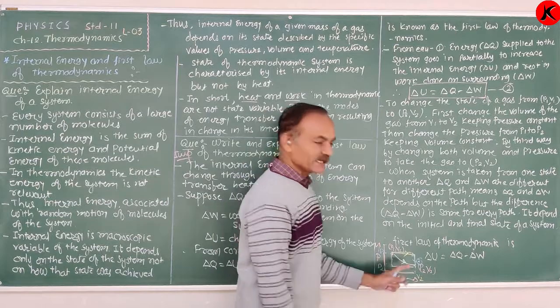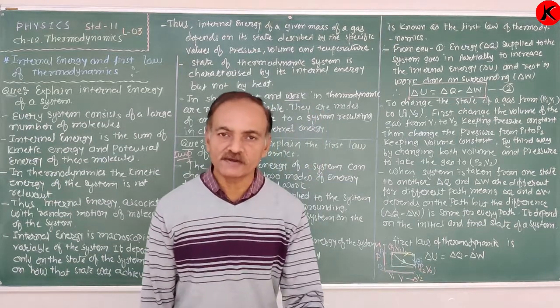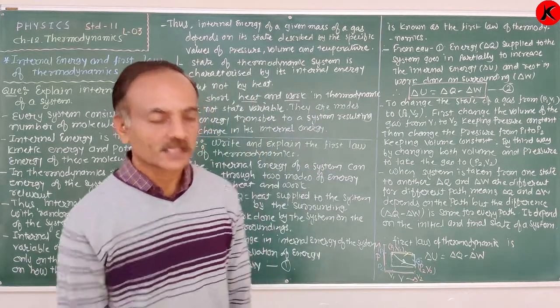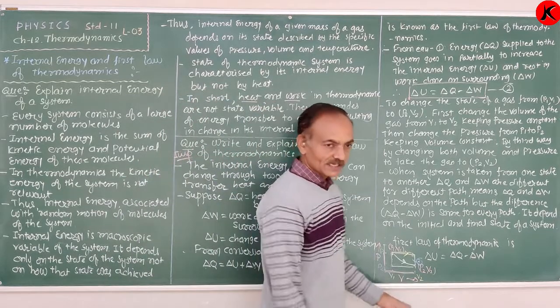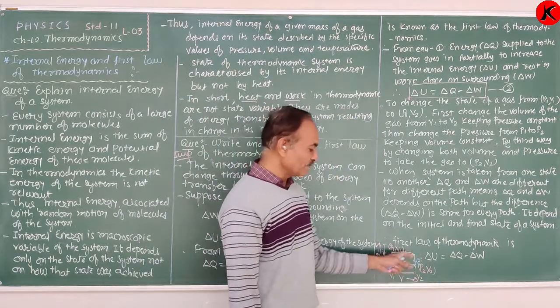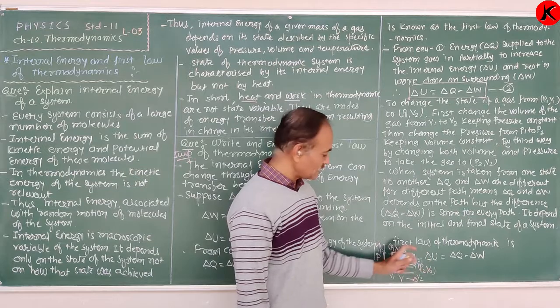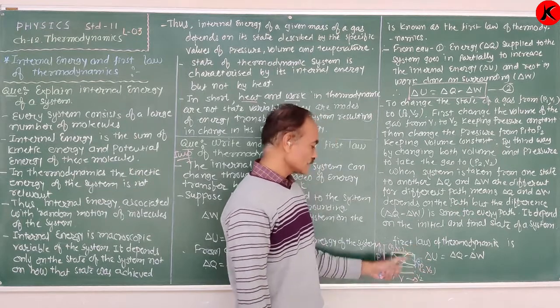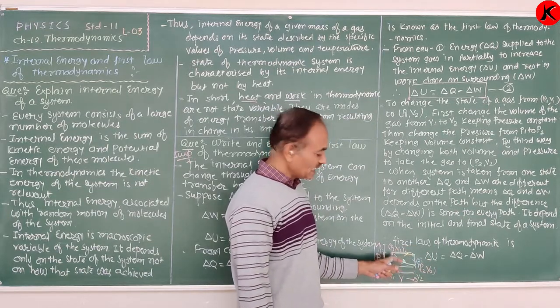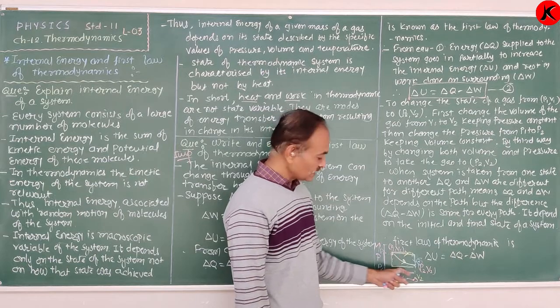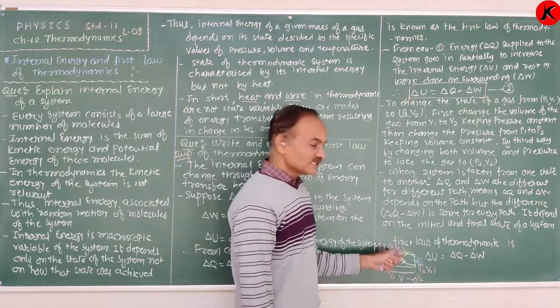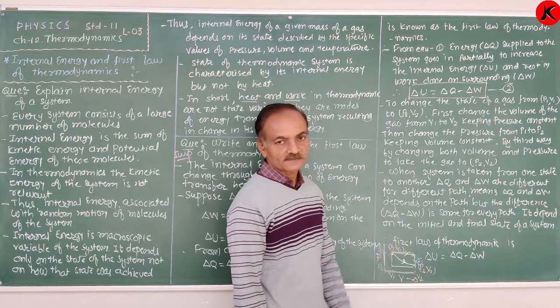We bring the system from the initial state P1 V1 to P2 V2. Here we can take three paths. One is to change the volume at constant pressure. Second, keep the volume constant and change the pressure from P1 to P2. And third, change both volume and pressure.